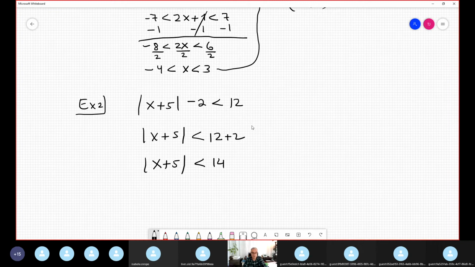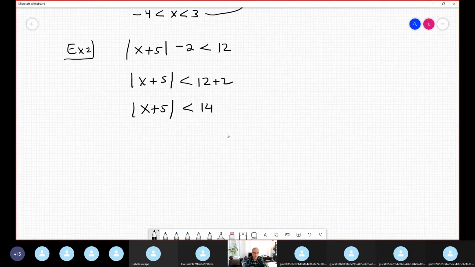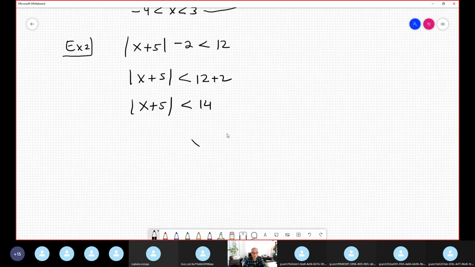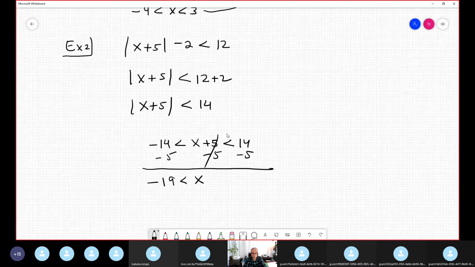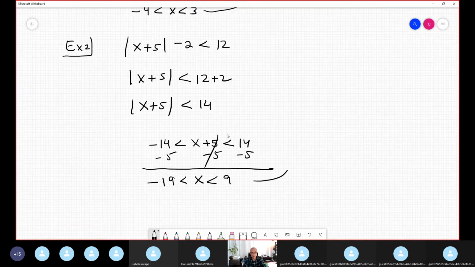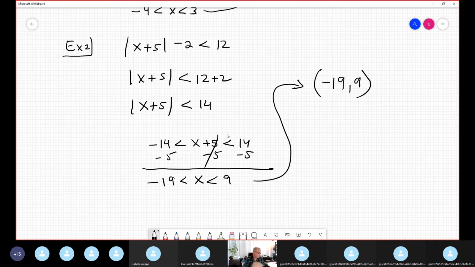Okay, now this is the most important moment, in which you remove the bar and convert to a compound inequality: 14 positive and 14 negative. Subtracting 5. Negative 19 less than x, this cancels out, and this is 9. In the test, I want the interval notation: parentheses, negative 19, 9. Okay, the answer. Everyone follow me?